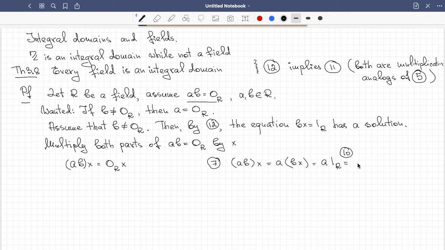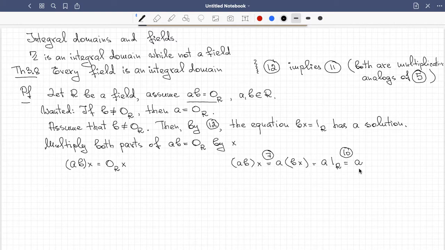So by 10, this is A. The left-hand side: I will write 7, the associativity here, and after that we got 1_R.